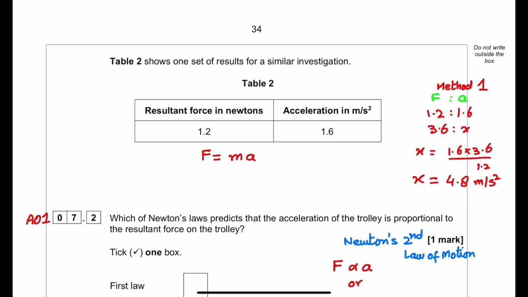So we are using the ratio and proportion method to find the acceleration. To make x, the acceleration, the subject, x is equal to 1.6 times 3.6, and 1.2 will divide it. The answer is 4.8 meter per second square.